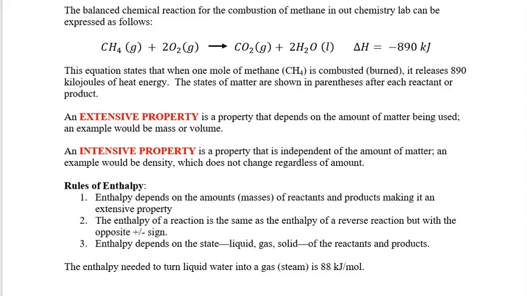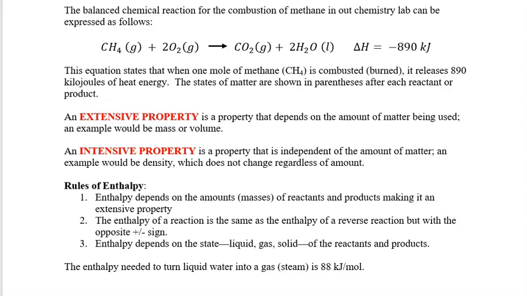The enthalpy of a reaction is the same as the enthalpy of a reverse reaction, but the opposite sign. So in other words, if you wanted to take that reaction up above and take the water and the carbon dioxide and pull it apart and go backwards to make CH4 and O2, then the enthalpy would be the same, except you'd take the negative sign off the 890 and it would be positive 890. So in other words, you can turn a reaction around, and we'll see examples of that in this particular unit.